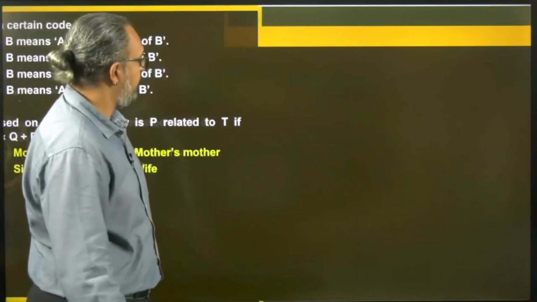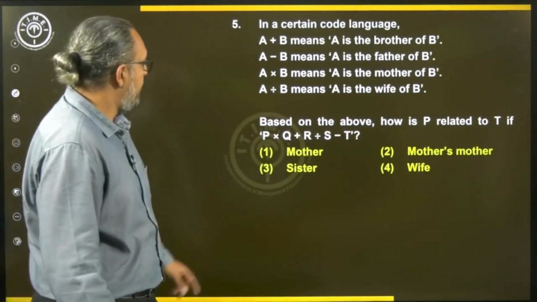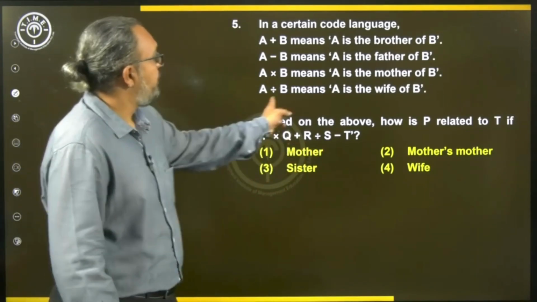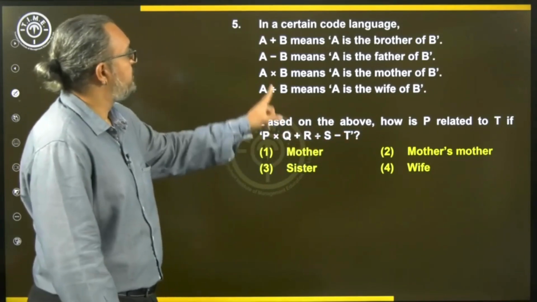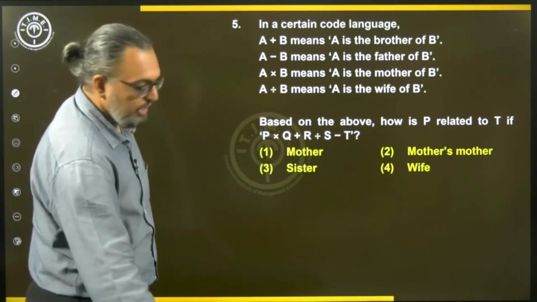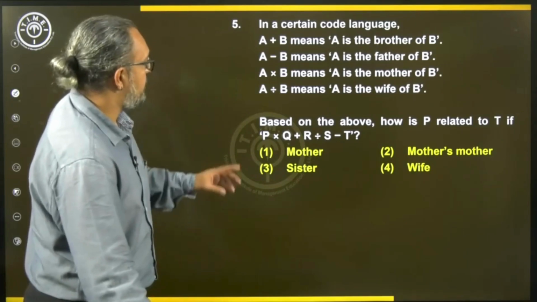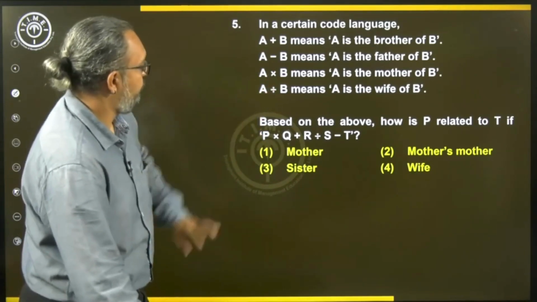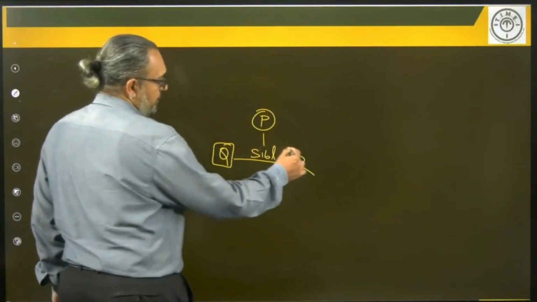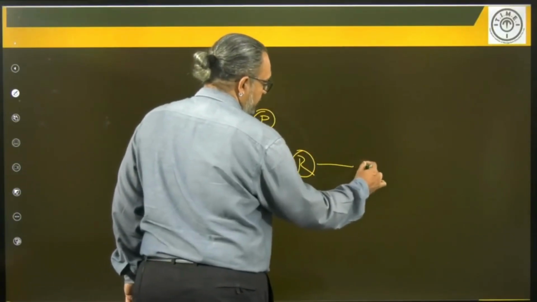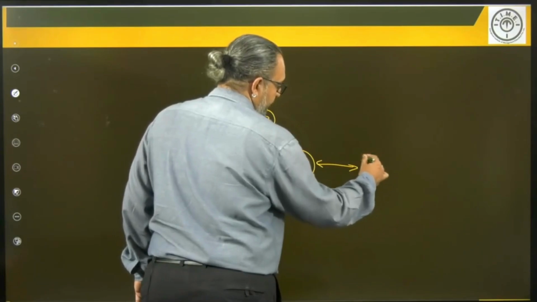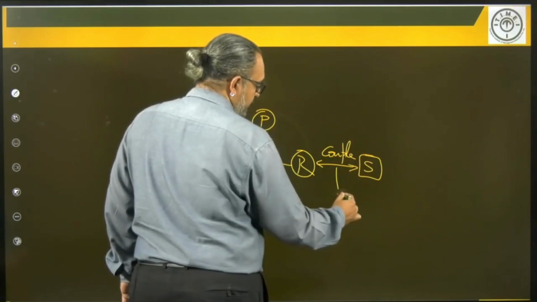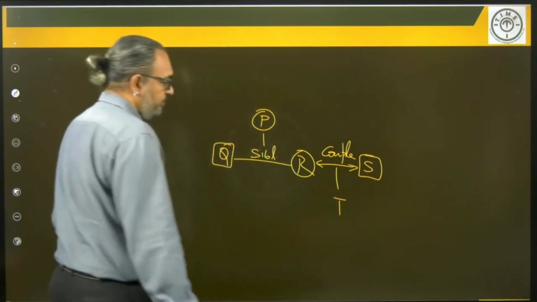Then we have R divided by S and S minus T. R is the wife of S and S minus is father of T. So R is the wife of S, so they are a couple, and S is the father of T.